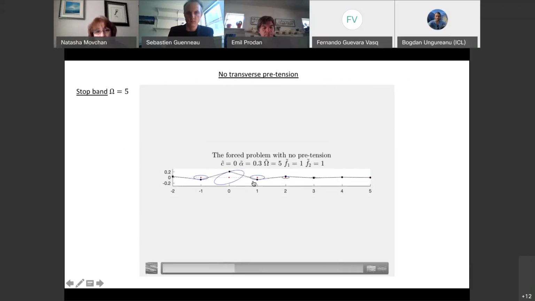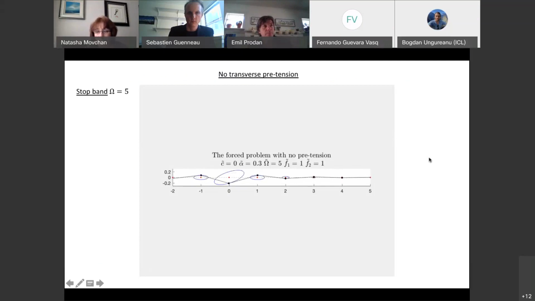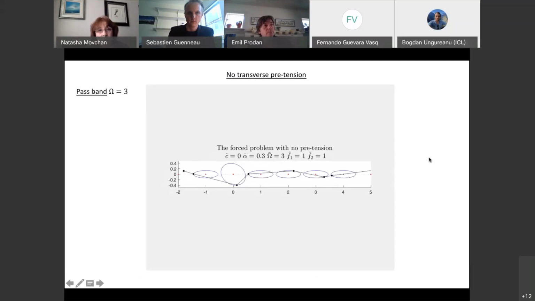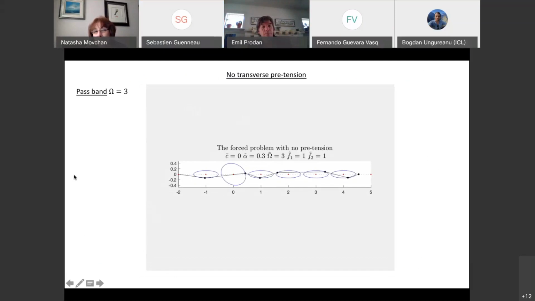This is the only one which isn't, because our force is at an angle. If we look at the case of a passband, when we choose the frequency from the passband, a similar picture is present.